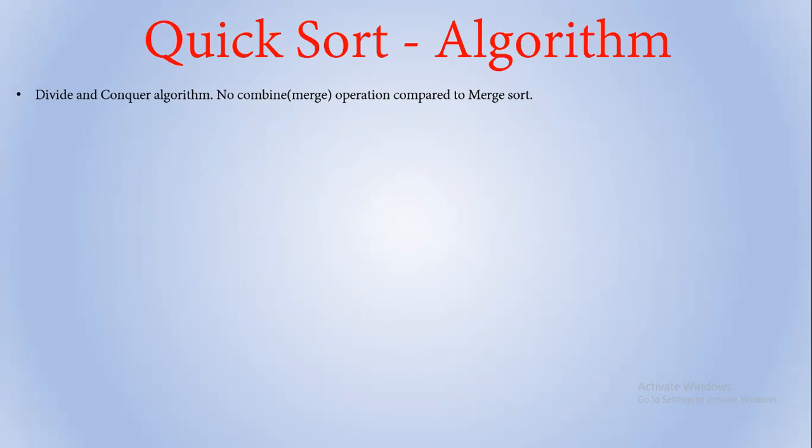There was no change of elements. The elements were not rearranged in the divide part of the merge sort algorithm. But in contrast, in quicksort, some kind of sorting takes place inside the division operation. Because of this interchange within the division, there is no need of a merge operation for quicksort.